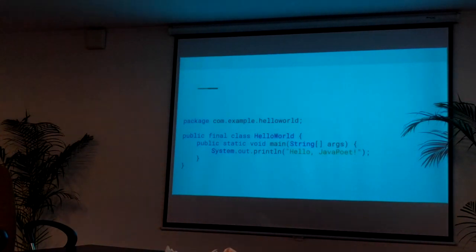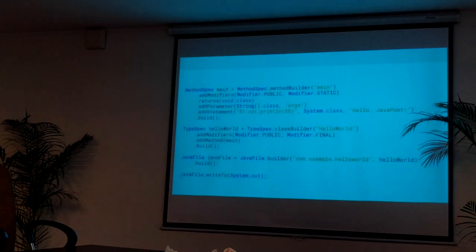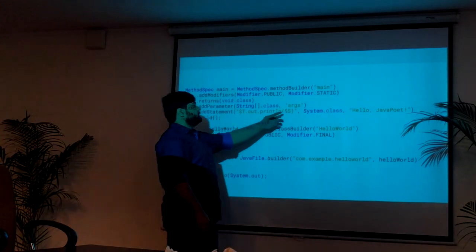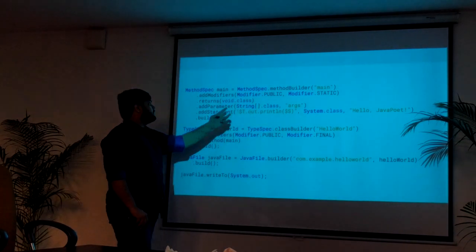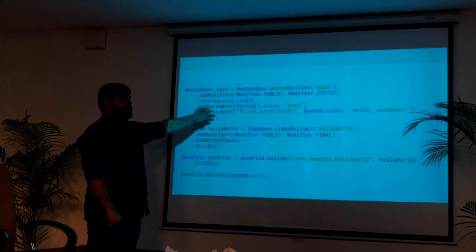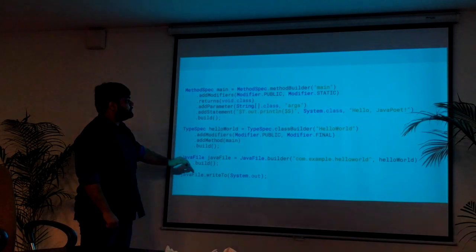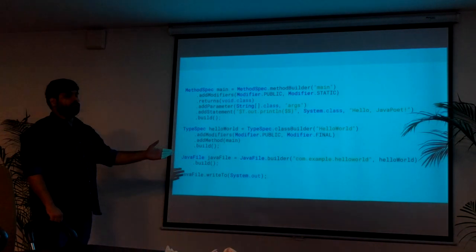Basically, if we want to generate this piece of code, a class HelloWorld, what we will do is this. First we are making a main method. We're just naming it main. It's adding the modifiers public and static. It returns void, adding a parameter, and then we can just add the statements of what the method should do.